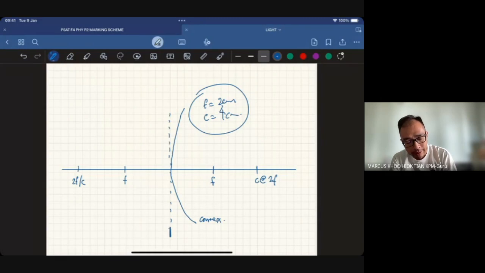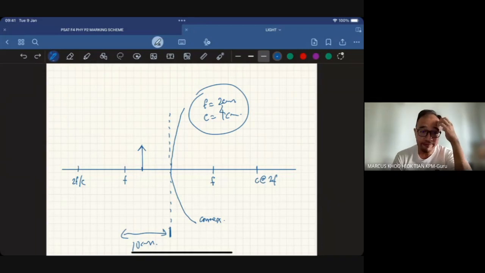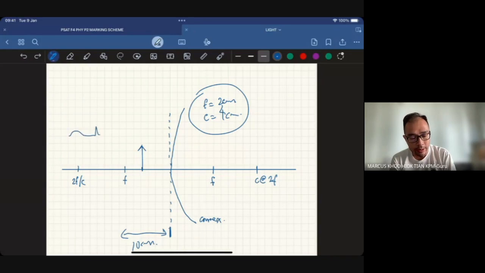So if the focal length is 10 cm, then anything less than 10 cm is less. That's why I use the word less. Isaac's question is, can you write place before the focal point? This is a big debate among some teachers. For me, before is sebelum. Sebelum is somewhere in this region. This is sebelum.